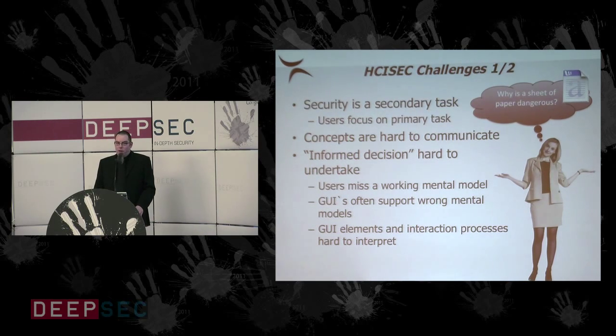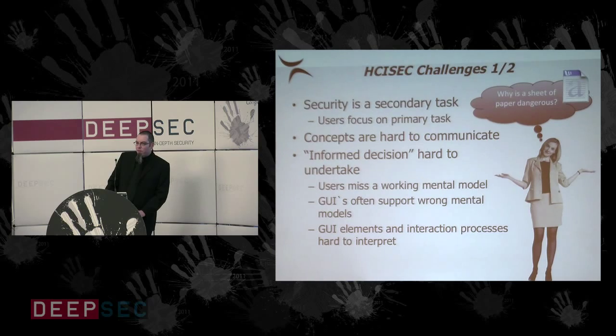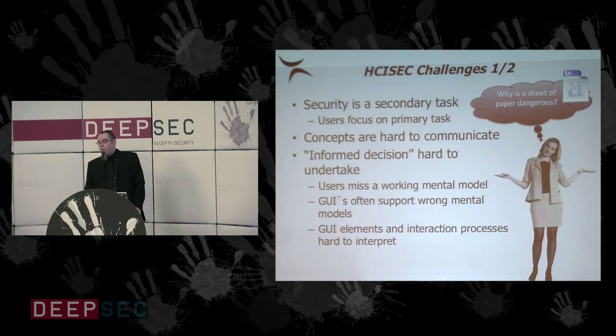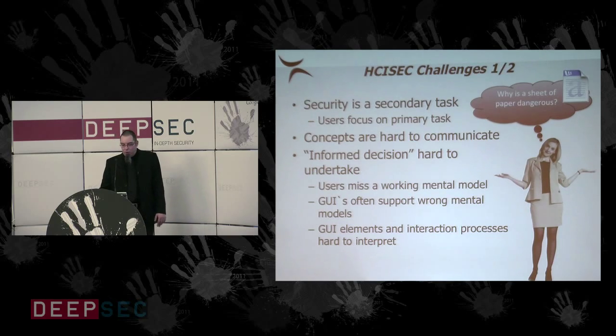Imagine, for example, complex privacy stuff like anonymous credentials, which are not very widely spread until now, but which is a very complex concept, and it will be very hard to build applications which communicate this complex concept accordingly. I also have already been talking about informed decisions, and they are really hard to undertake because users, as we have seen, very often miss a working mental model.